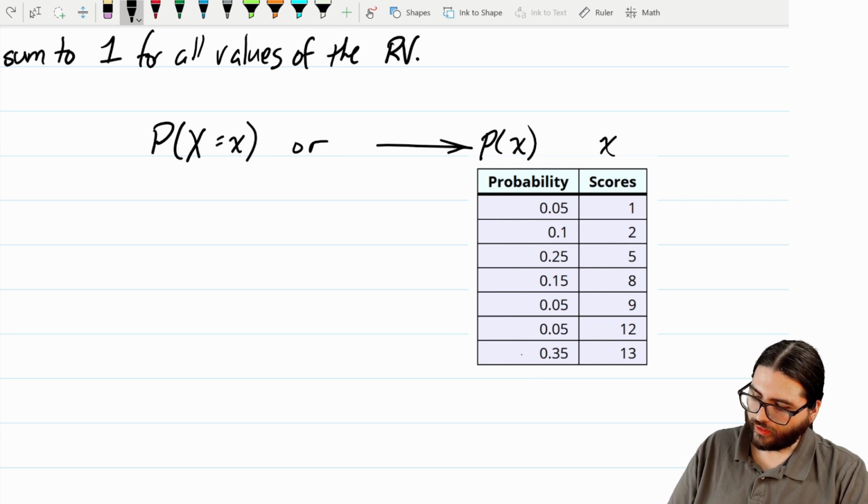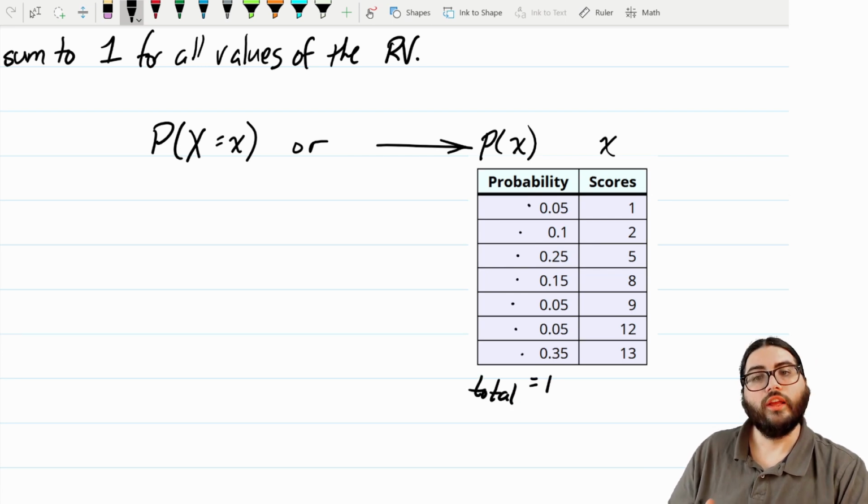Let's see if I do that. 35%, 40, 45, 50, 60, 75, 85, 95, 100% total, or a sum of 1. So this table would represent a probability distribution of this random variable.